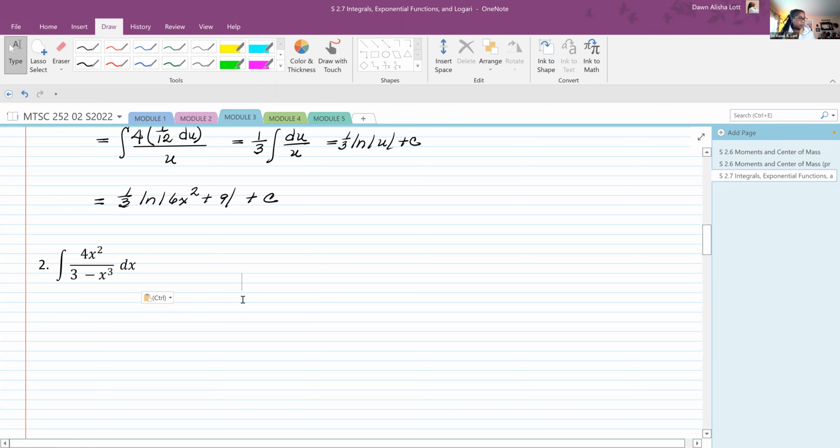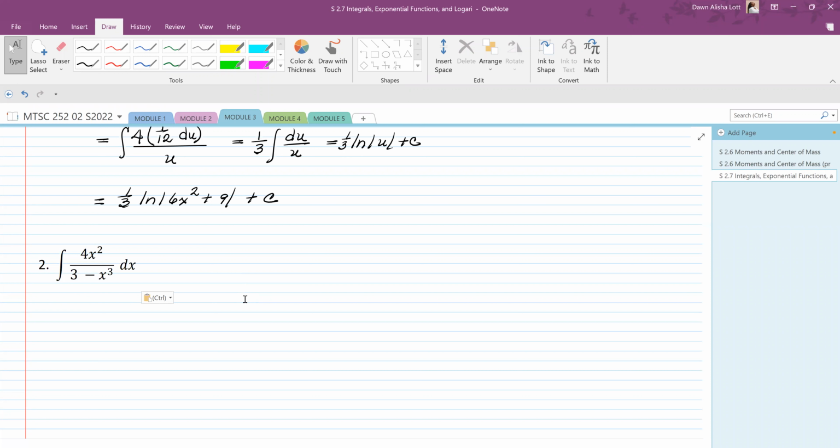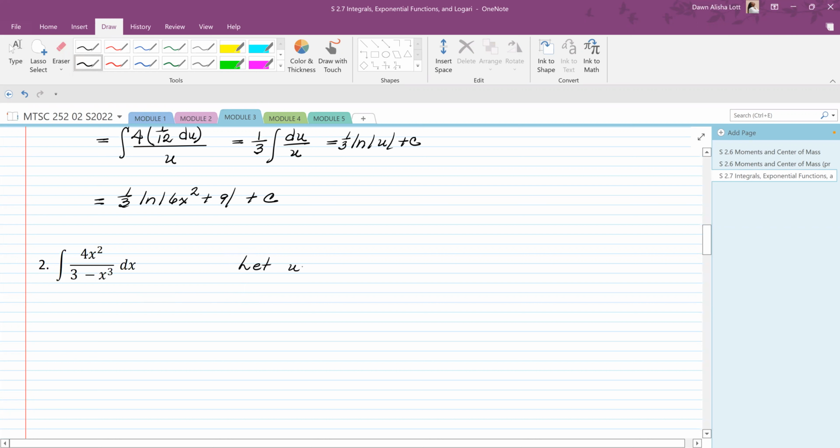Okay. Somebody want to start me off? u is 3 minus x cubed. And then du is negative 3x squared dx. Okay, so how do you keep going from there?